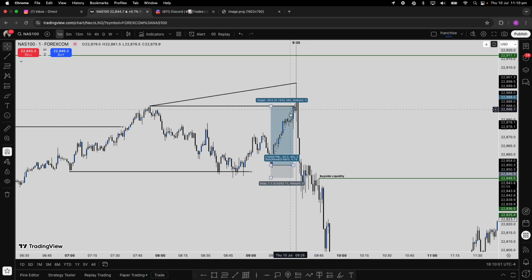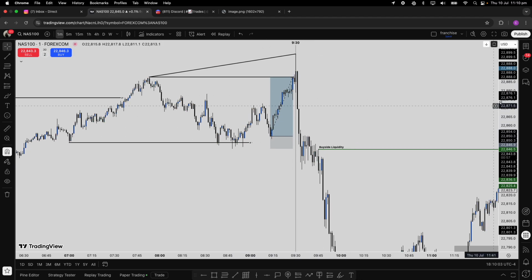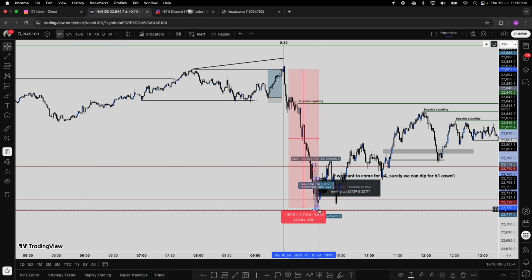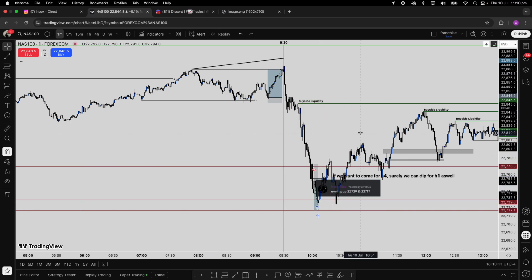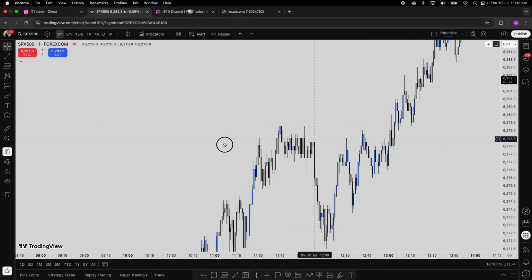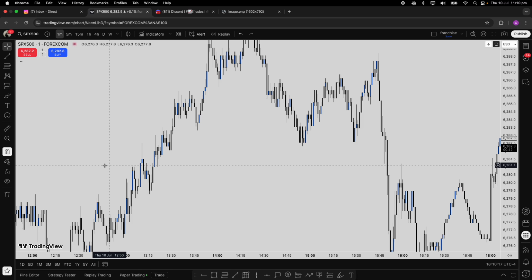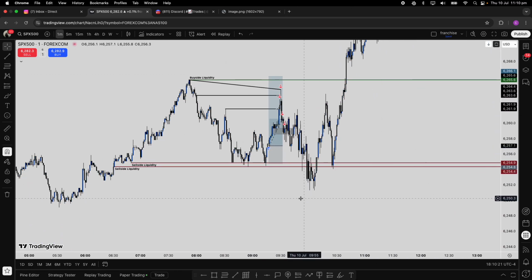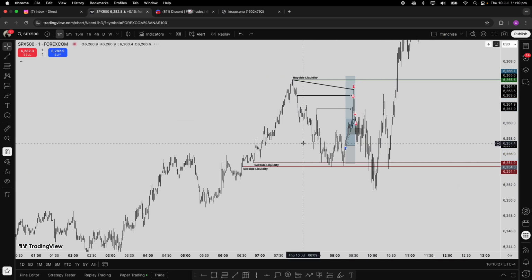So obviously where we hit TP here, Nasdaq sold about 170 points from TP, compared to the S&P not really moving anywhere. From TP it moved 12, so very big difference in price.